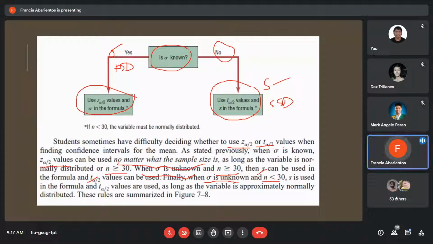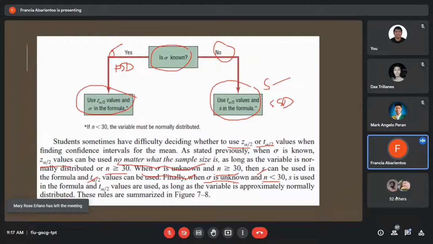We make use of the z-test or the z-distribution when the population standard deviation is known, and if not, we make use of the t-distribution. Okay? So, yun lang kasi general formula.